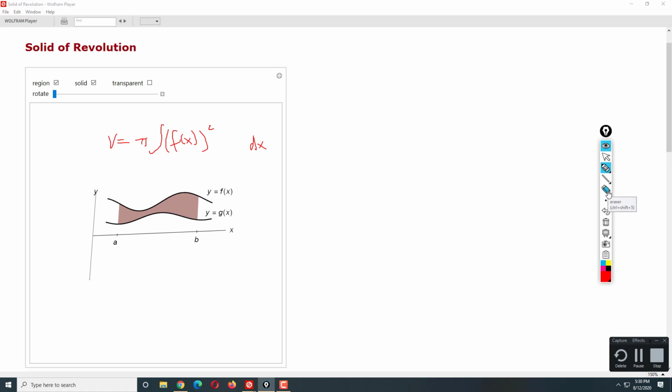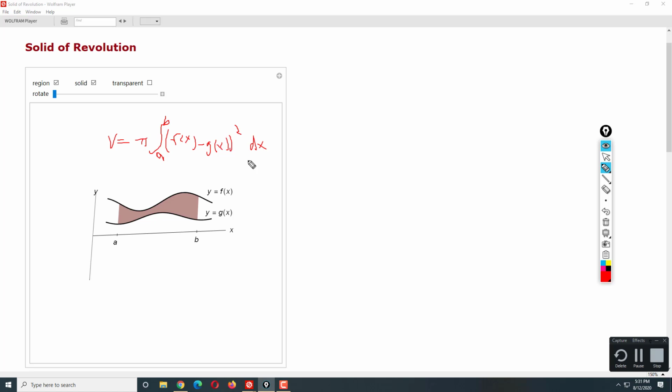So some people might think, oh, I can do that. So in other words, the volume must be pi times the integral from a to b of f of x minus g of x squared dx. Be careful, that's not correct. Okay.